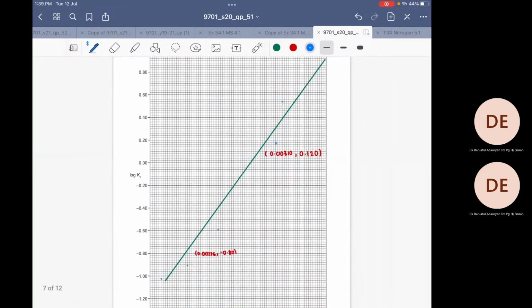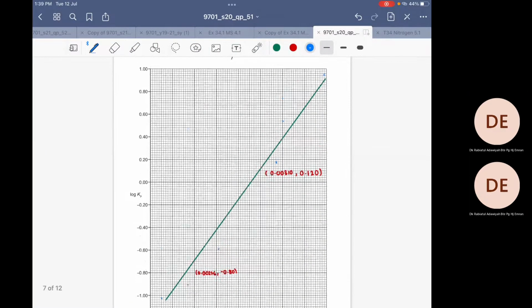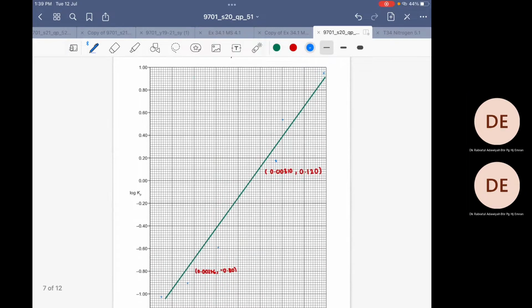They're not the best. The points are not close to each other. I was actually contemplating between drawing a curve or a straight line. So then I draw a straight line and I can see that they are all okay-ish.